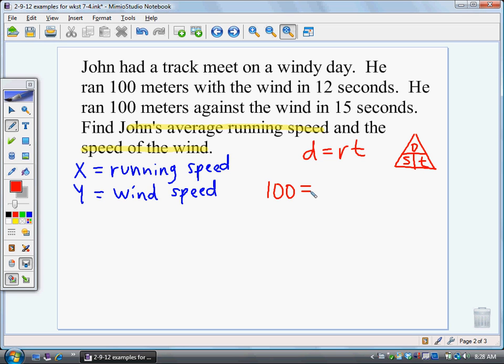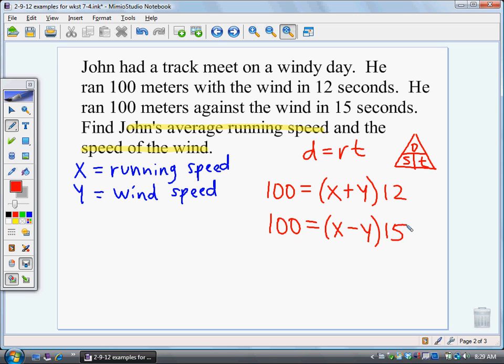The rate is going to be the running speed, and since I was going with the wind, I would add the wind in to get my rate. Okay? And then the time is the 12. The second equation, your distance was 100 again. Now if you're running against the wind, you would take your running speed and subtract out the wind speed and then multiply it by your time. And that would be 15 times that.